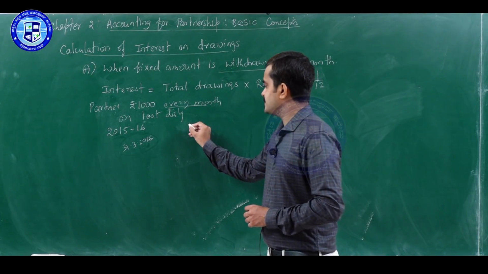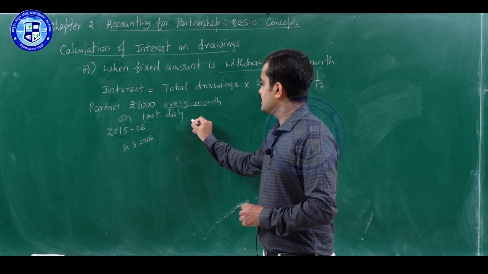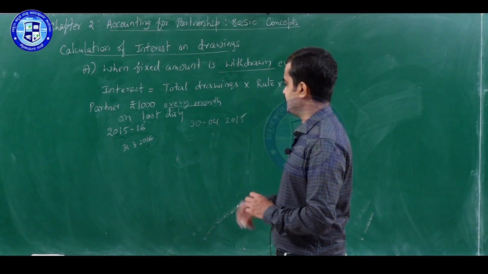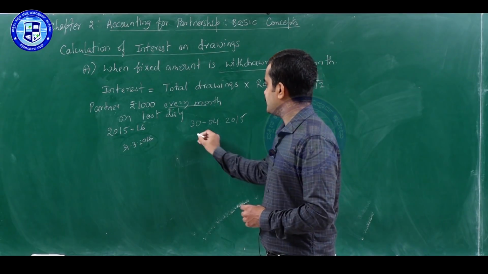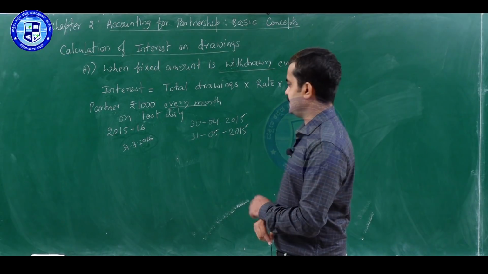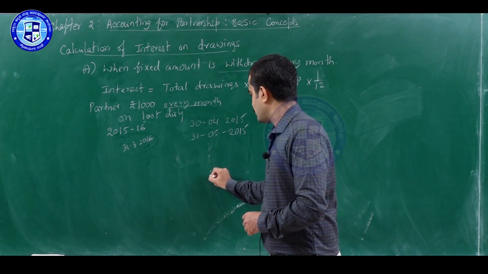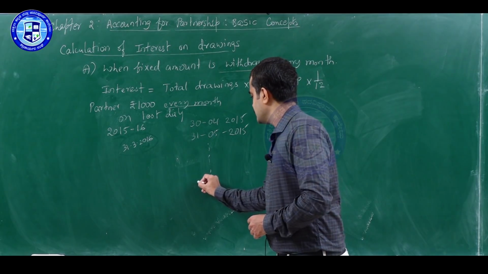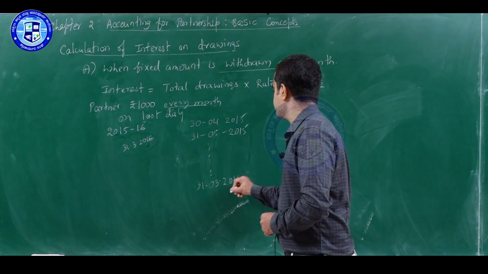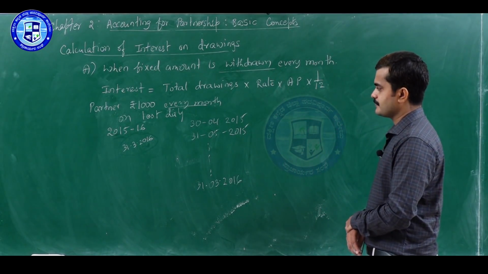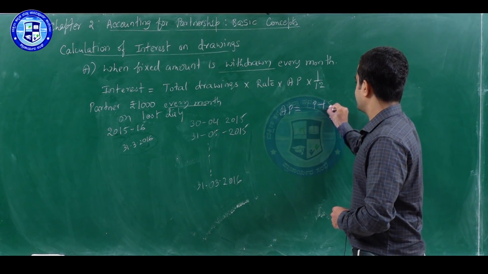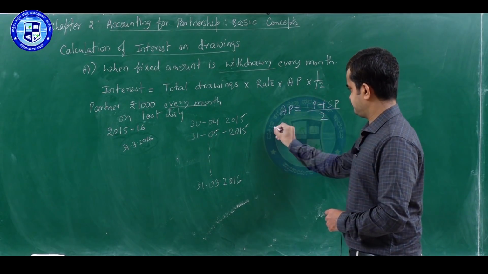So the first drawing will take place on 30th April 2015, second drawing 31st May 2015, and so on, and the last drawing would be on 31st March 2016. So average period is longest period plus shortest period divided by 2.